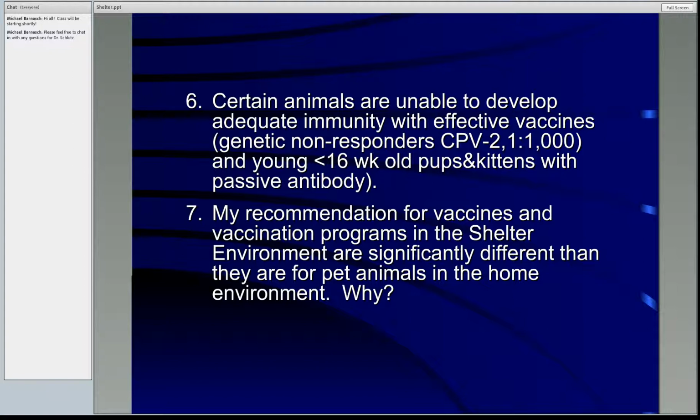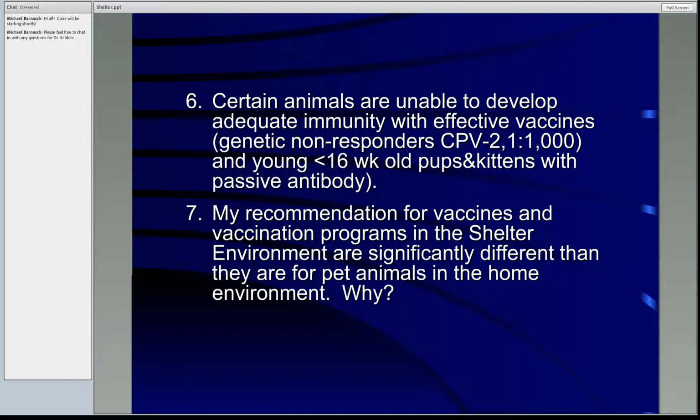They may be heavily parasitized or something, and that can reduce the likelihood that they will develop a strong response to certain antigens. But fortunately, the vaccines for the core diseases, the ones that we really want to prevent disease against, are very effective in immunizing. So that's not too much of a problem with regard to animals unable to develop immunity.